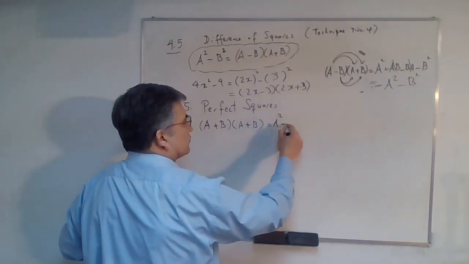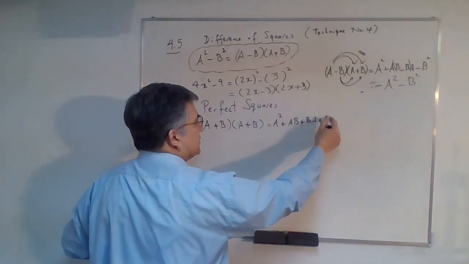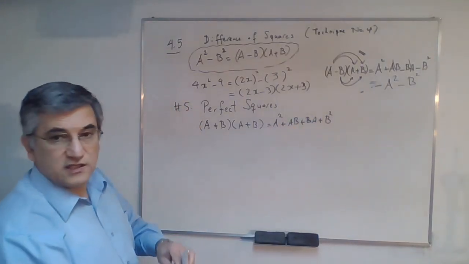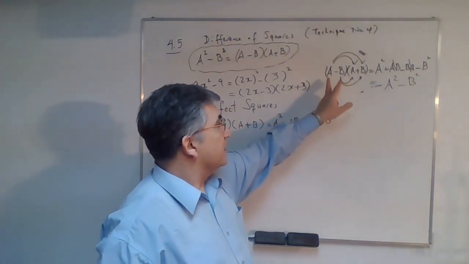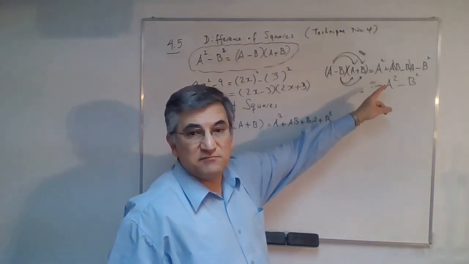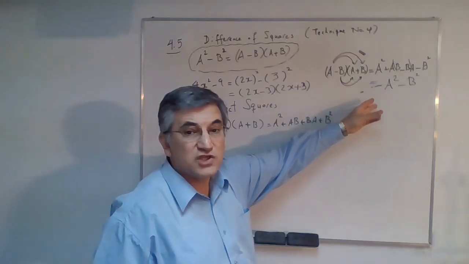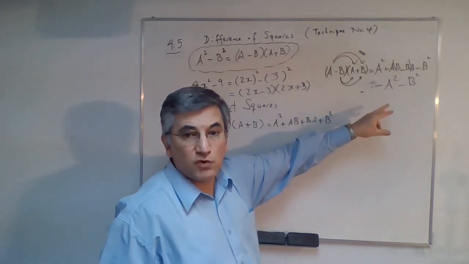I'll end up with a squared plus ab plus ba plus b squared. Now, last time I did this, because I had the negative sign and the positive sign in between a and b, when I multiplied them, ab and negative ba were opposite terms. They canceled out each other. I got 0 in the middle. That's why I end up with a squared minus b squared as the final answer.